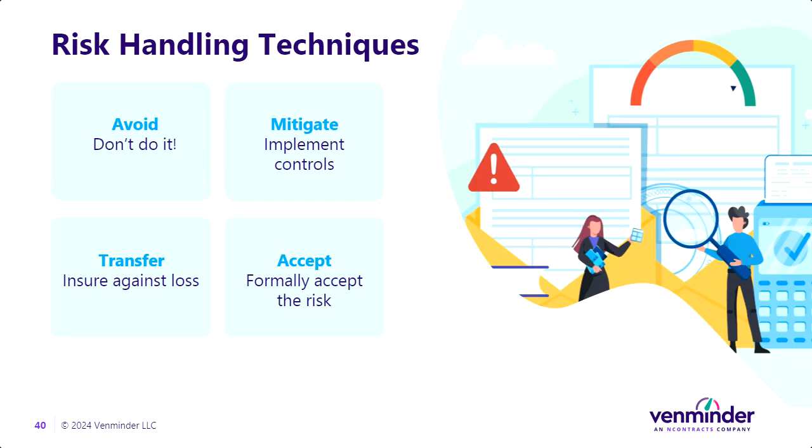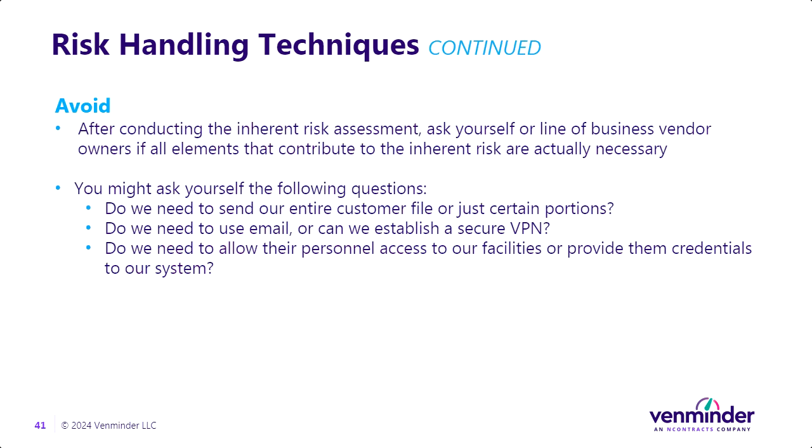So now you have a boatload of risk to deal with, and so this slide shows you the 4 ways in which you will typically handle this risk, and we're going to talk about each of these further. 1 is to avoid it, 2 is to mitigate it, 3 is to transfer it, or 4 is to accept it. So the first one is just to avoid it.